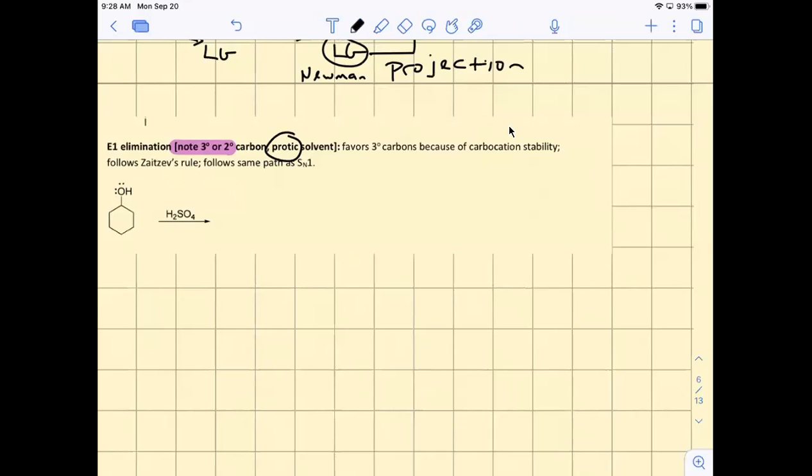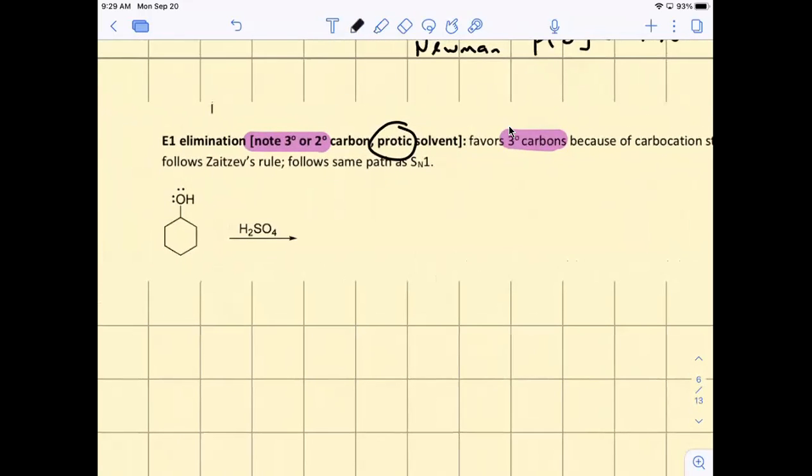All right. Obviously, it's going to favor tertiary carbons because if your leaving group is leaving and you're making a carbocation intermediate, you prefer it to be tertiary because that's the most stable, right? It's going to still follow Zaitsev's rule, and again, the mechanistic pathway is very similar to SN1 all the way up to the elimination step.